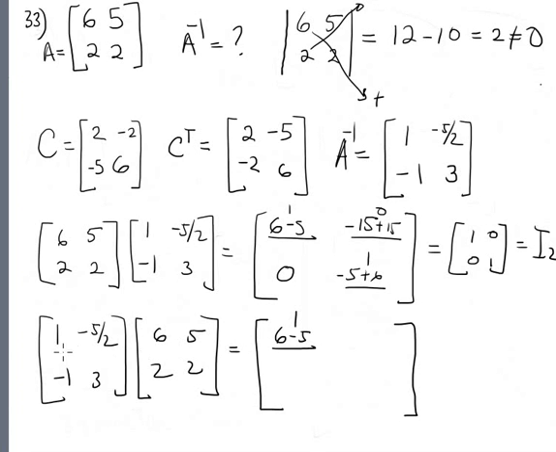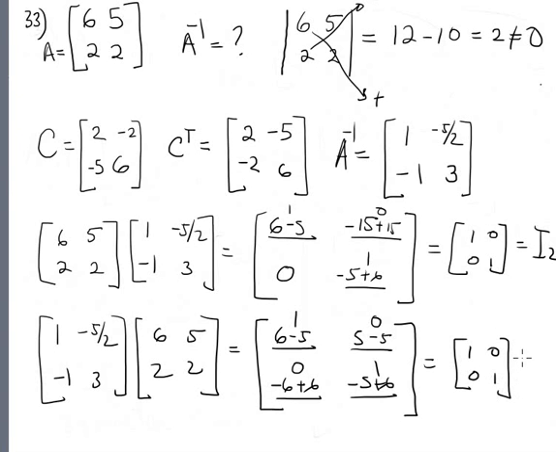And this is 5, and this is negative 5, which is 0. This is minus 6 plus 6, 2 times 3, which is 0 again, and this is negative 5 plus 6, which is 1. And again the answer is the identity matrix of dimension 2. Okay?